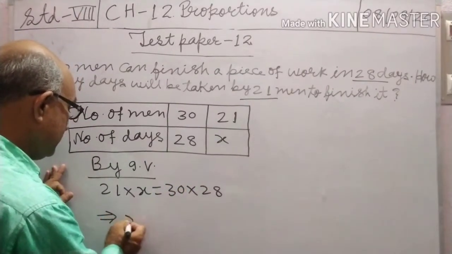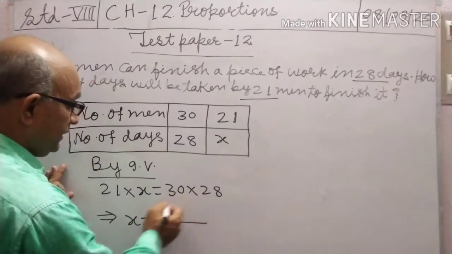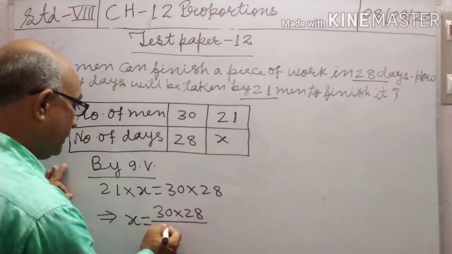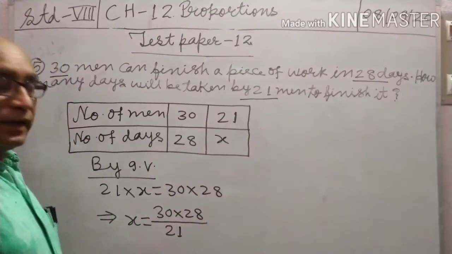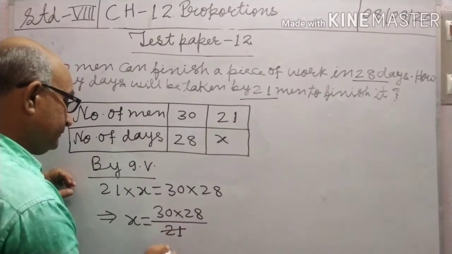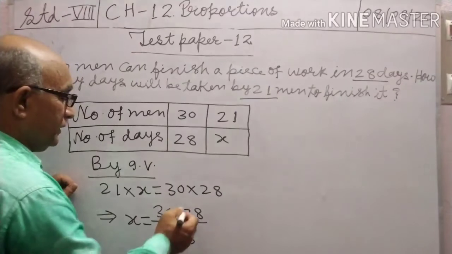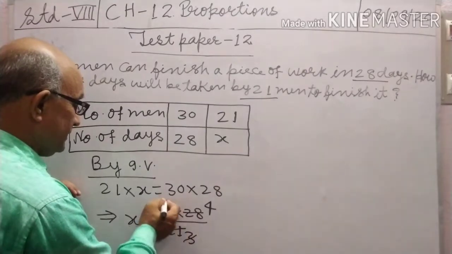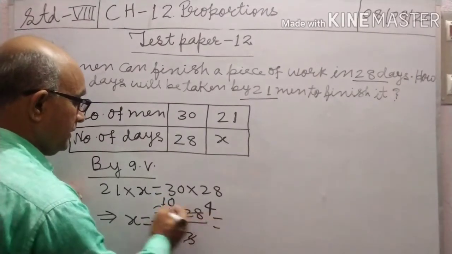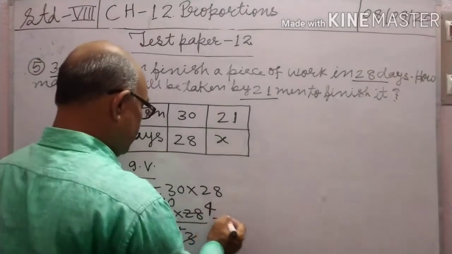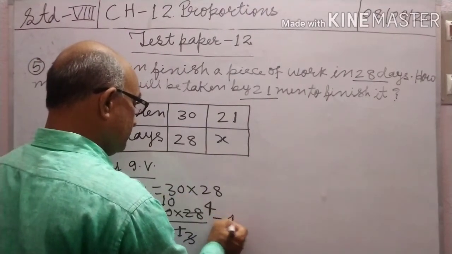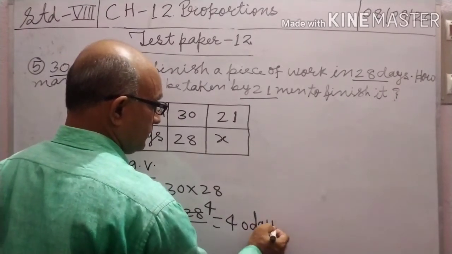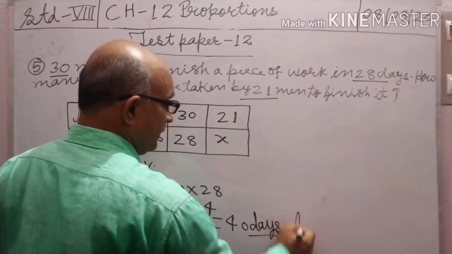That implies X equal to 30 into 28 divided by 21. 7 threes are 21, 7 fours are 28, 3 tens are 30, and 10 fours are 40. 40 days, answer.